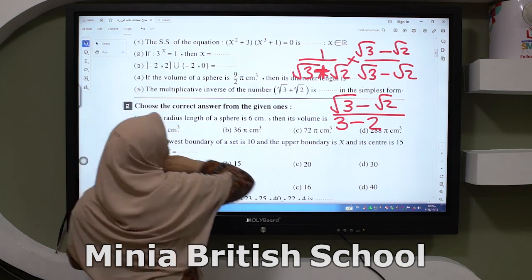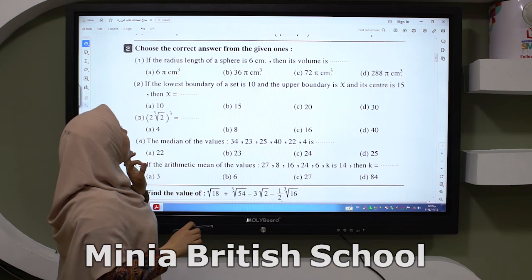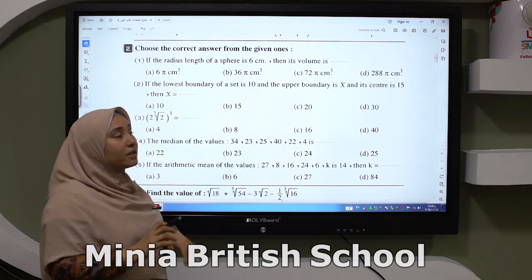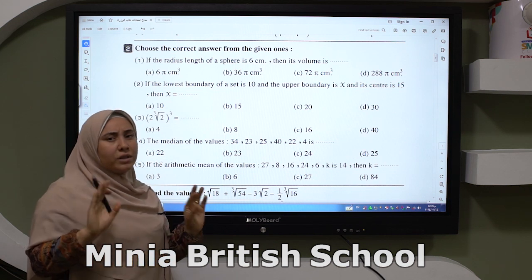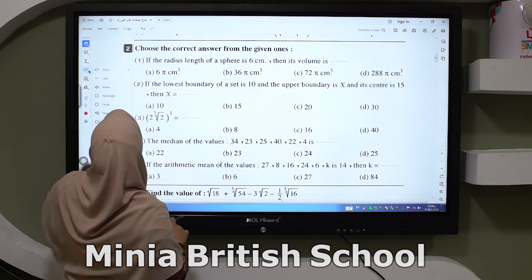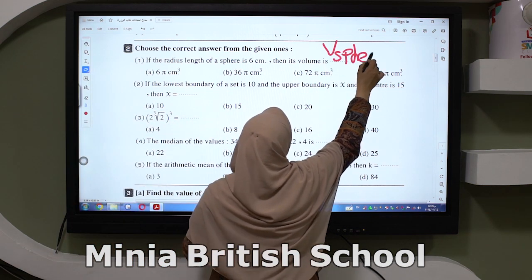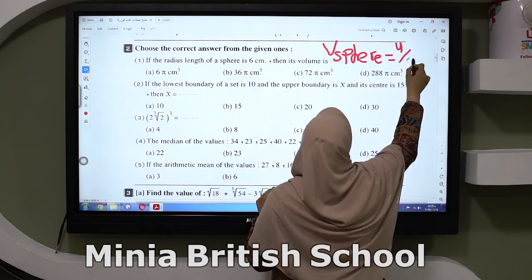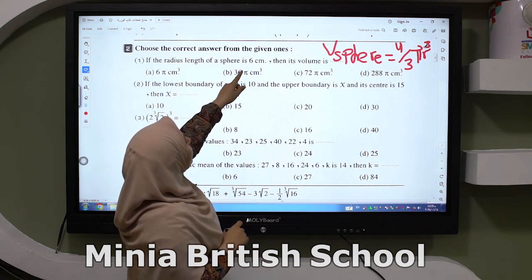If the radius length of the sphere is 6 centimeters, then its volume is, yes, only substitute in the volume rule for the sphere. I said before, the volume of the sphere equals 4 over 3 pi r^3.